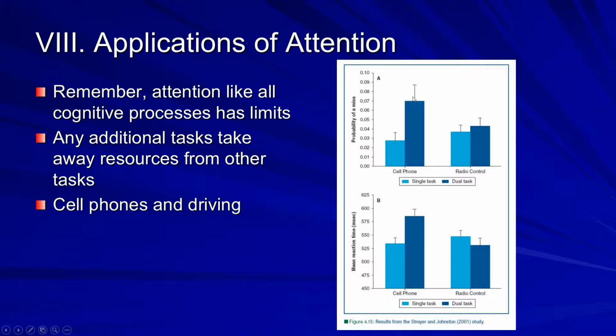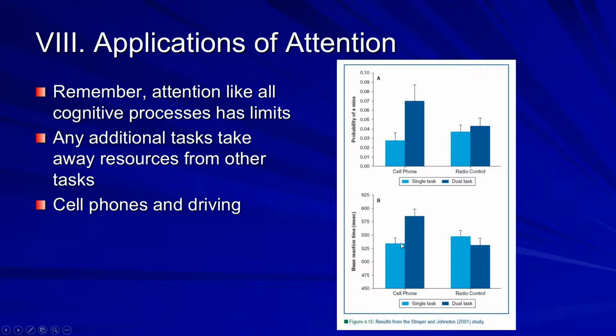Sorry, this is just driving and cell phone, driving and controlling the radio. The radio is something, again, where part of this has to do with what's called Fitts's Law. And reaction times increase dramatically if you're on the cell phone while driving versus playing with the radio and driving. So just driving versus driving and on the cell phone, you're more likely to miss something and you're much slower.